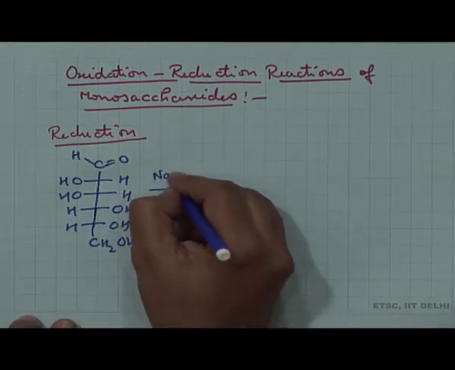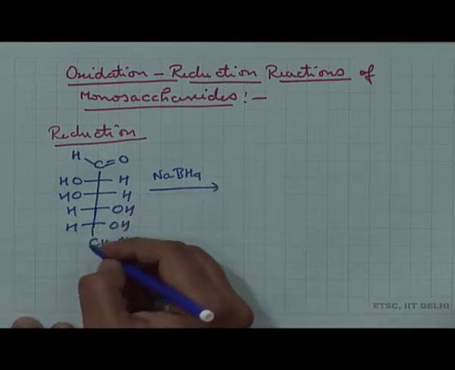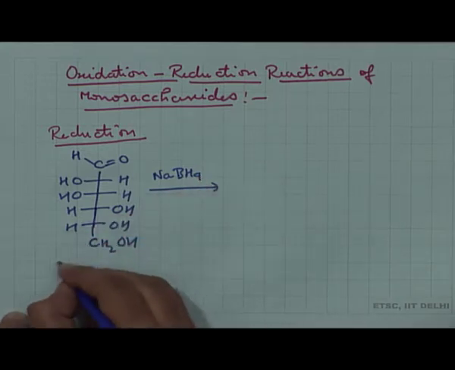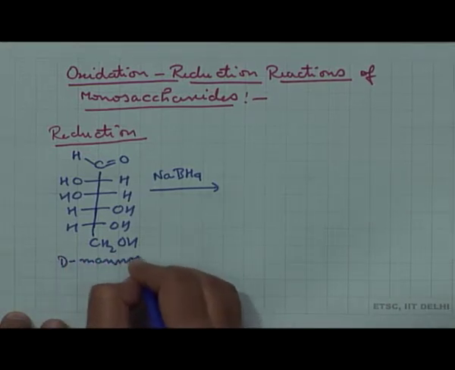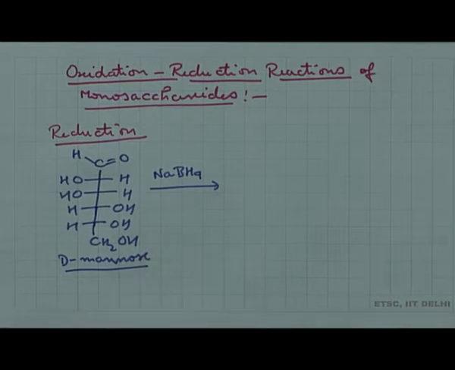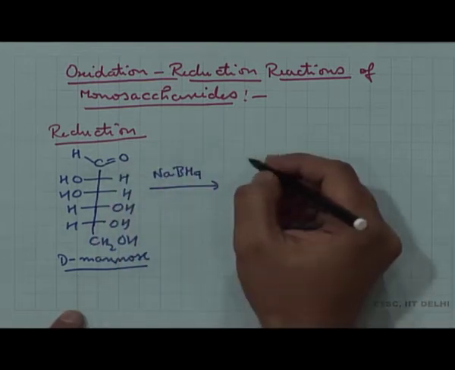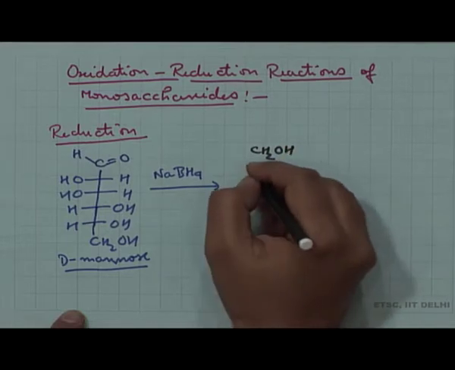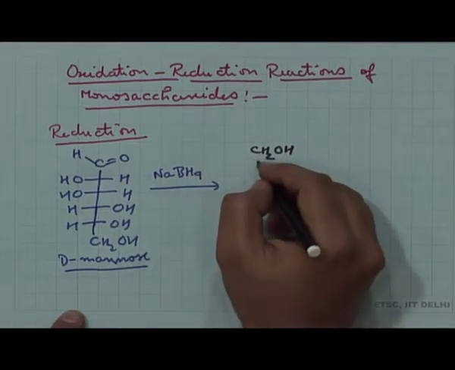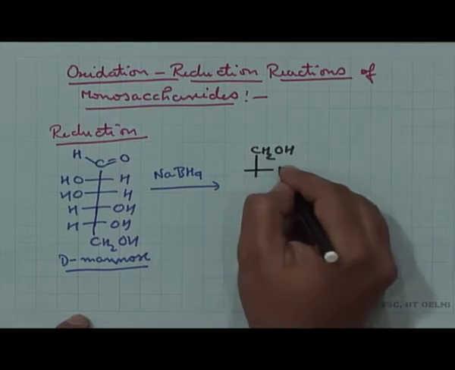The reducing agent here is sodium borohydride. Reduction by sodium borohydride will convert aldehyde into alcohol, and it will form primary alcohol. Aldehyde will get converted to primary alcohol.